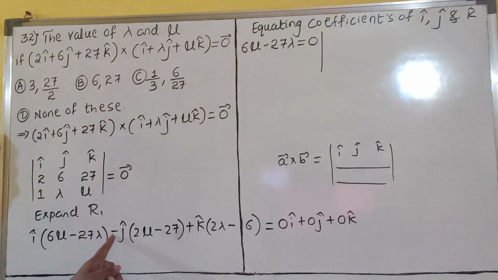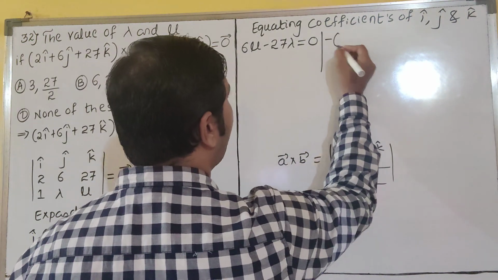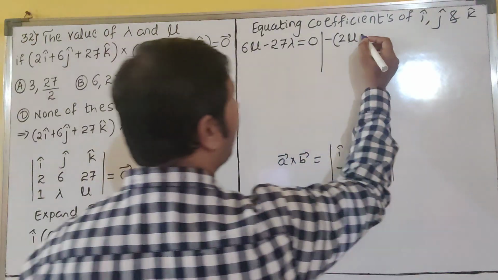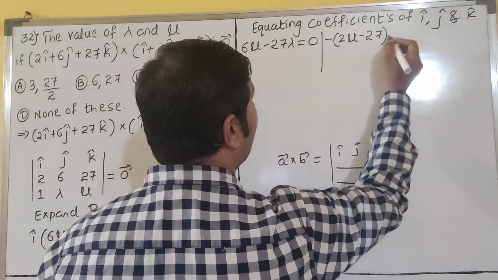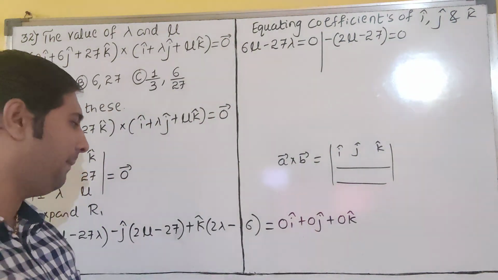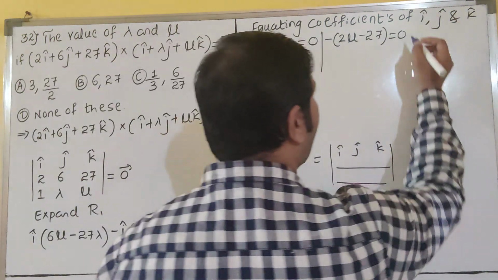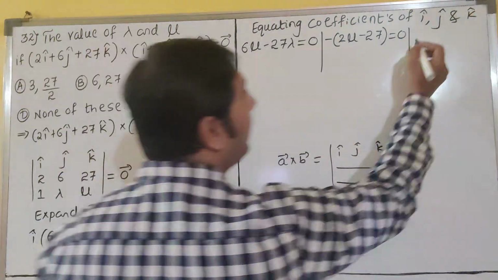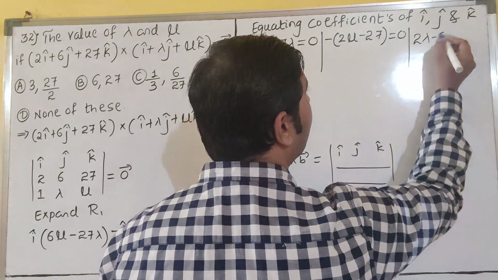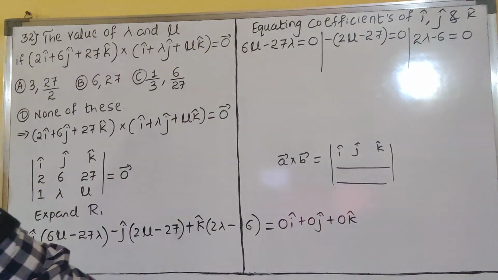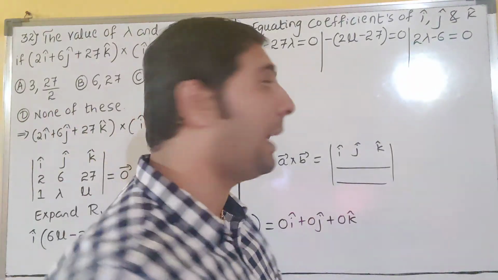See here, minus is there, okay, you can take minus also. Minus 2μ minus 27 is equal to 0, dear students. The j cap coefficient is also 0 here. So now k cap coefficient is what? 2λ minus 6. 2λ minus 6 is equal to how much? 0. The k cap coefficient is also 0, dear students. I hope it is clear.